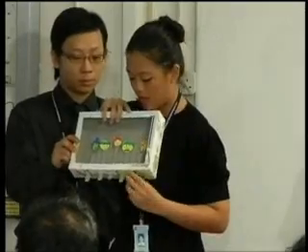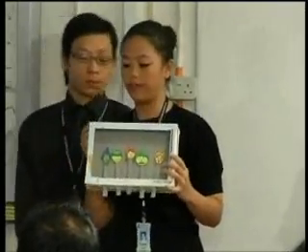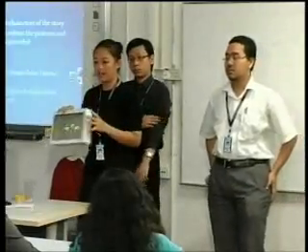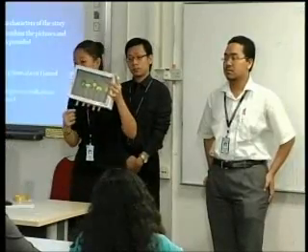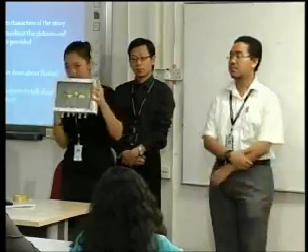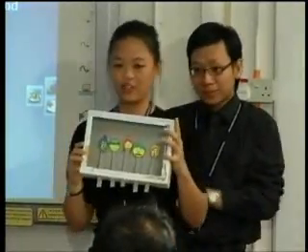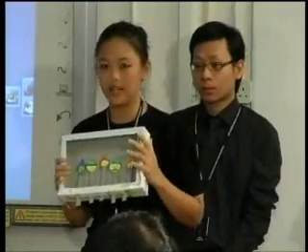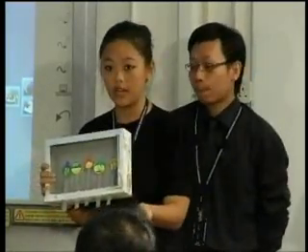So the purpose of using puppets to produce the story is that studies have shown that when you use puppets, students are less self-conscious because they are being represented by puppets. So whatever mistake they make is the puppet's mistake and not theirs. Yeah, it's true. So we plan to use this puppet as a way of reproducing a story.